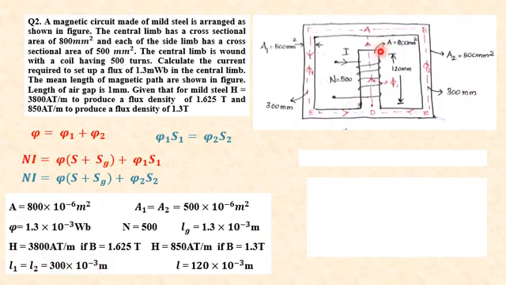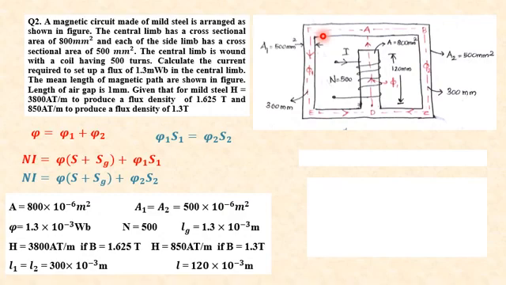Also, the flux path in the central limb, that is the L value, is given as 120 into 10 raised to minus 3 meter. So from the given parameters we can see that A1 equal to A2, L1 is equal to L2. Since the entire core is made up of mild steel, the relative permeability value must be the same.